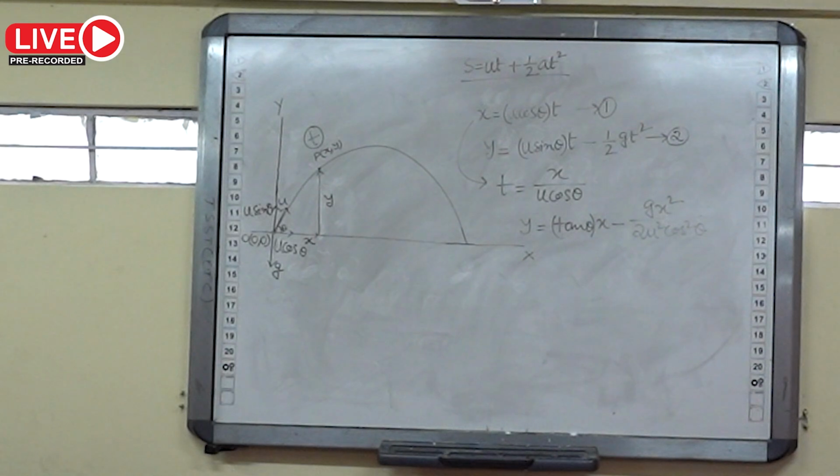I write the final form. Whenever you are studying for the first time, just put the values and calculate it with your own hand. Then you can remember it for all time.